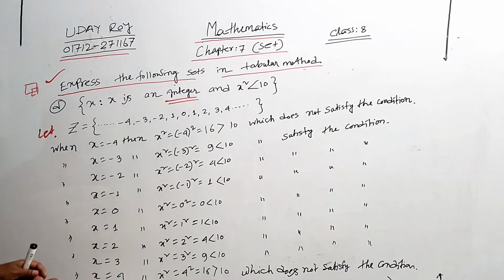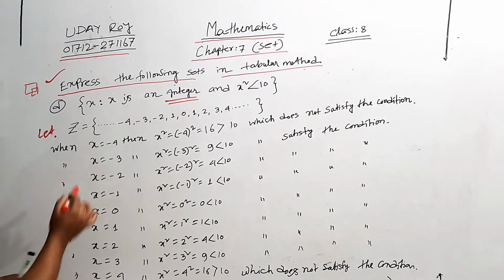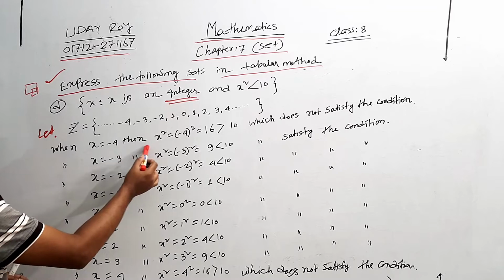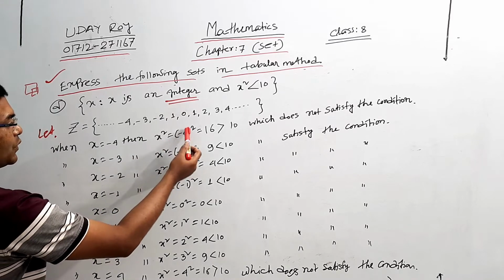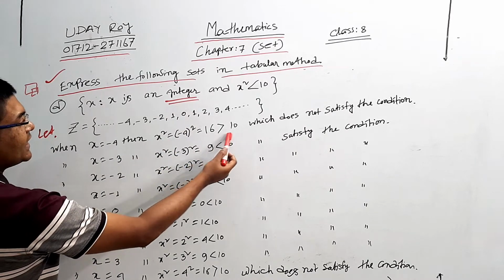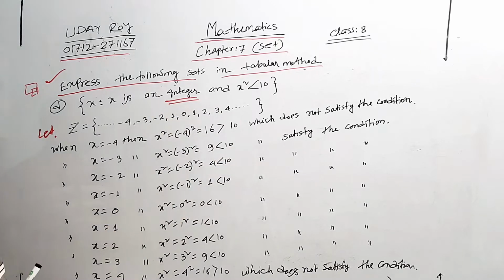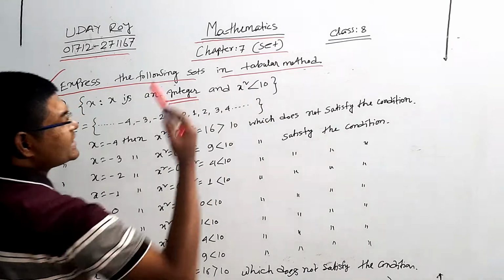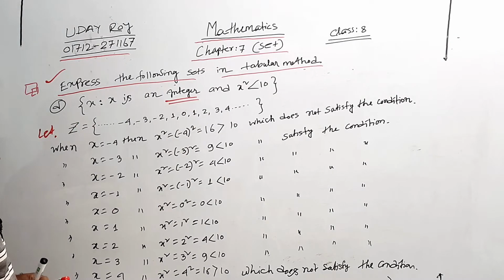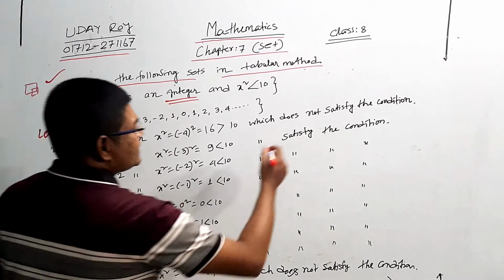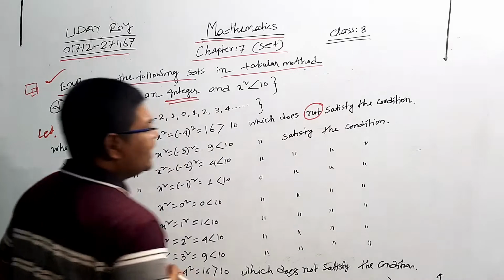Let's start. When x equals -4, we have x square equals (-4) whole square, which is 16, greater than 10. But the condition is x square must be less than 10, so it doesn't satisfy the condition.